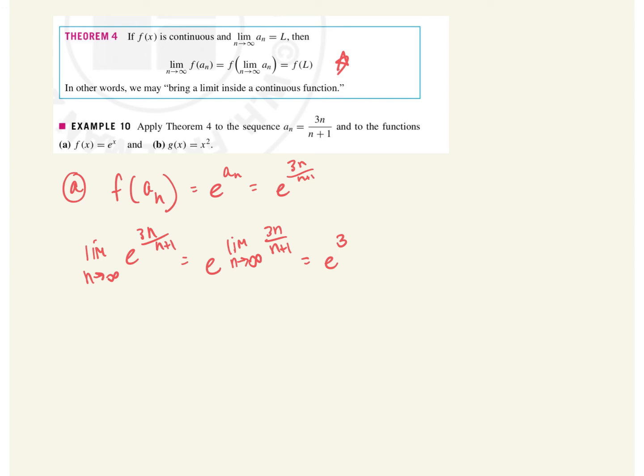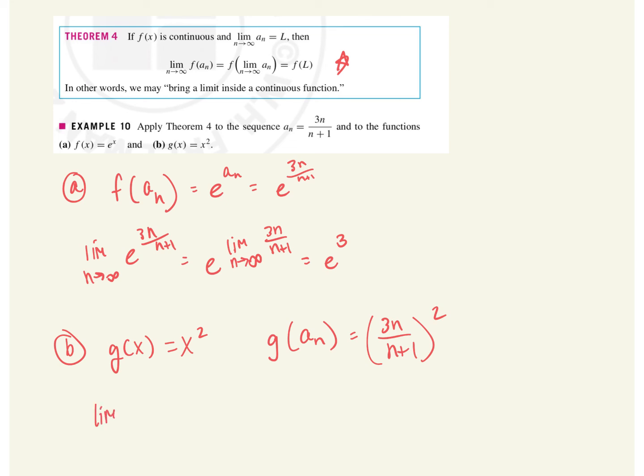Okay. Part B, very similar. The function is x squared, so the function written with the sequence becomes 3n over n plus 1, squared.